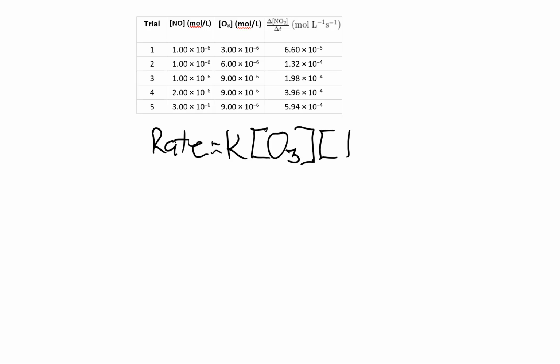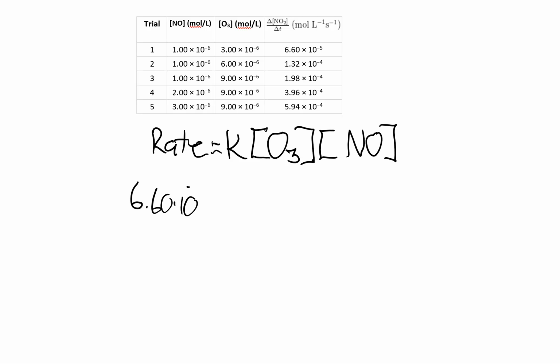We have nitrogen monoxide also raised to the first power, making this reaction second order overall. Now we can pick any one of these experiments, 1 through 5, to solve for the rate constant K. It doesn't matter because all these experiments are done at the same temperature, therefore they should all have the same rate constant K. I'm going to go ahead and pick experiment 1.